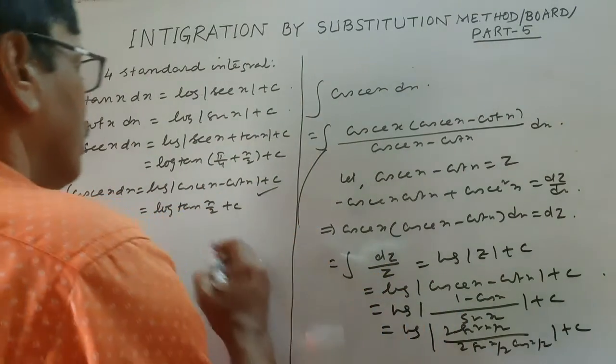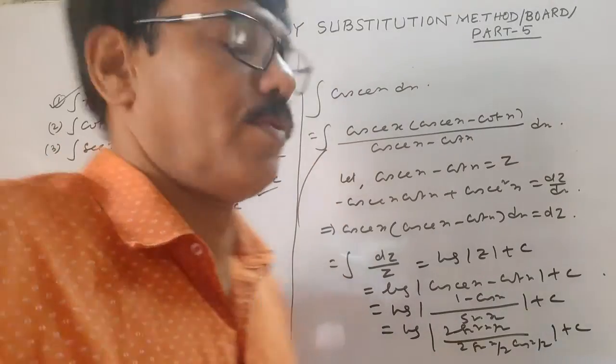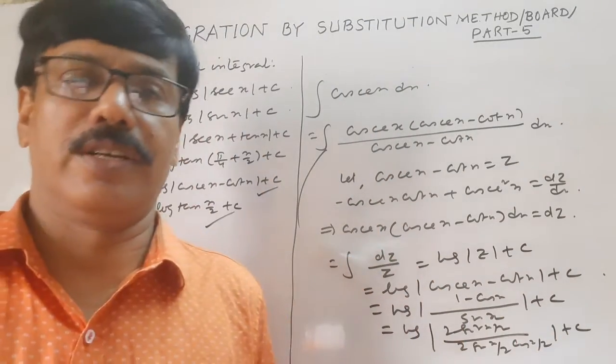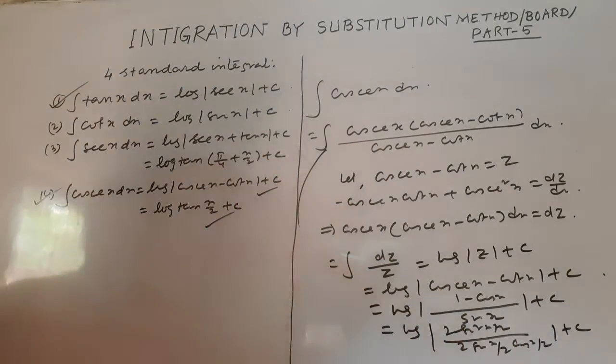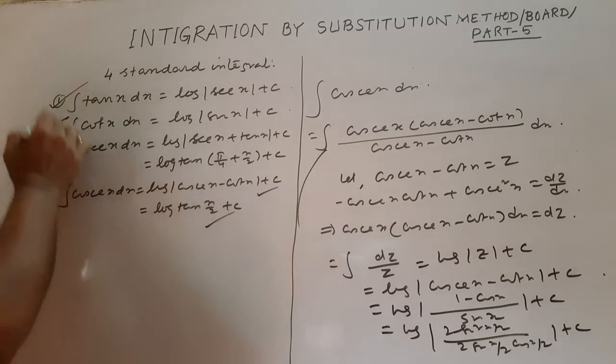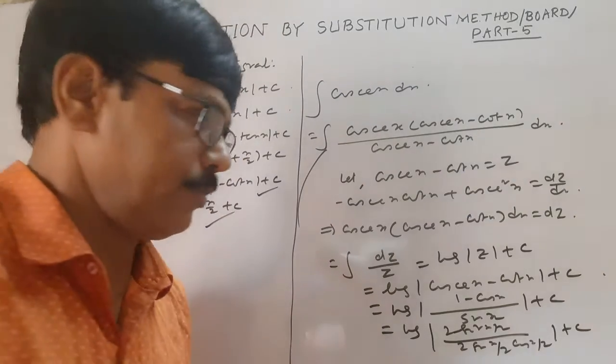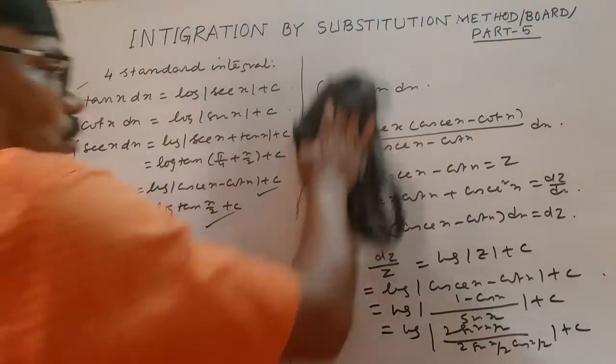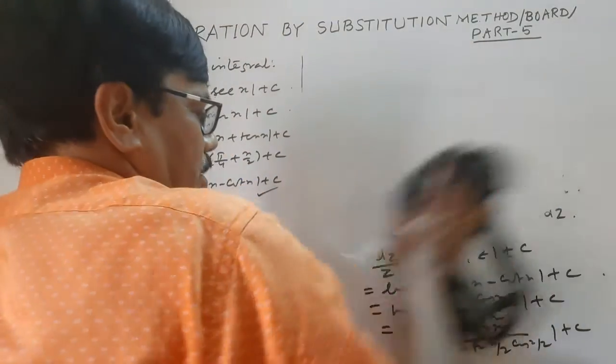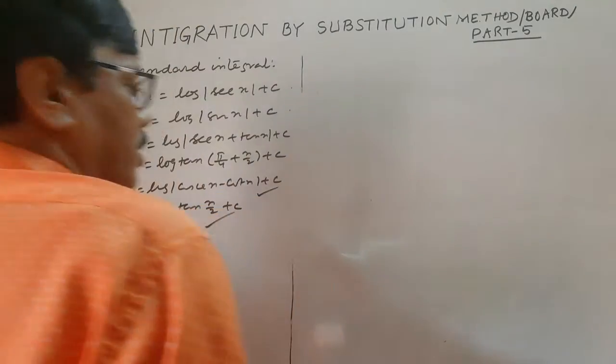So log tan x by 2 plus c. Cancelling, you get the result. So we consider these results as standard: tan x, cot x, sec x, cosec x.